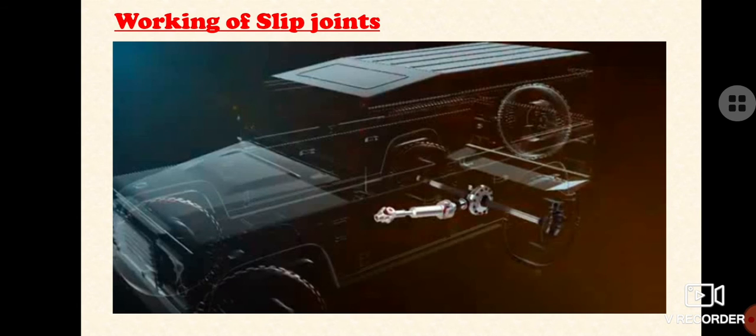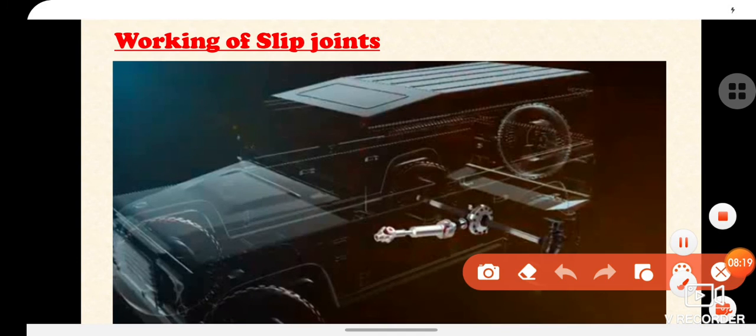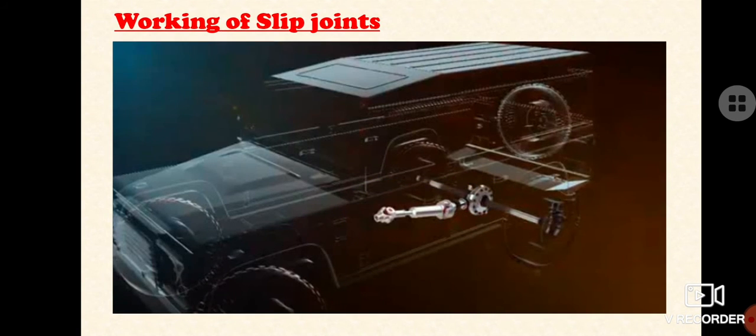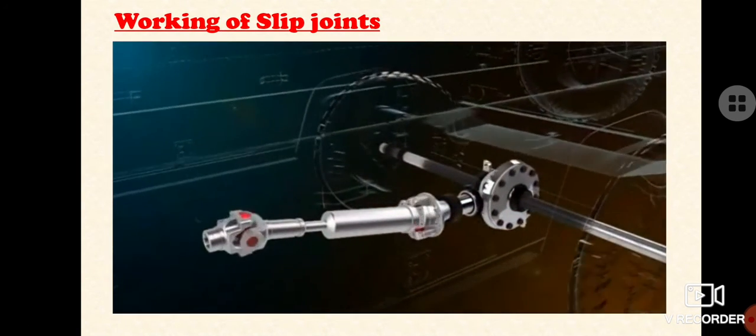Now in this picture, before starting the video, it shows propeller shaft with two universal joints at the ends and a slip or sliding joint. So I will play this video now. It will be clear.